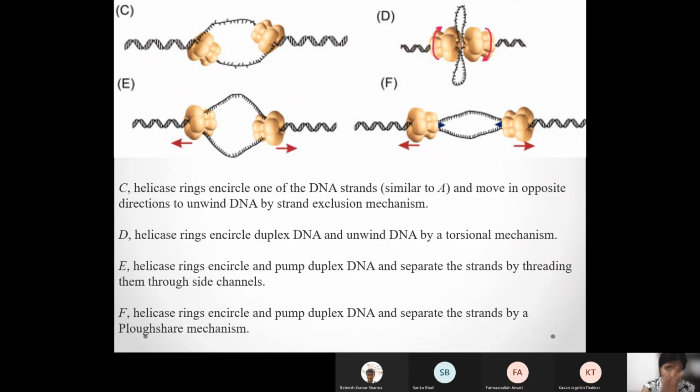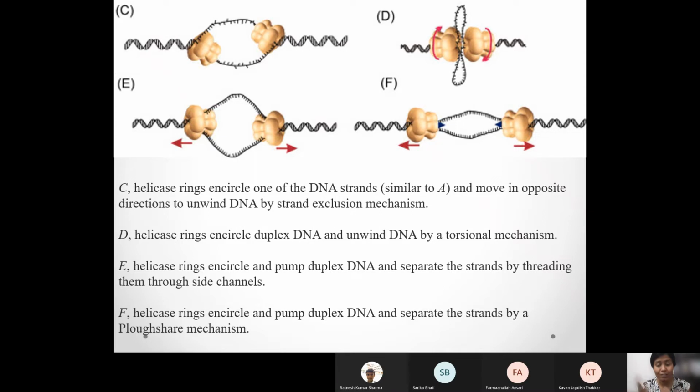It could be loaded on double-stranded DNA or single-stranded DNA. It could cause a torsion, and as it rotates, it unwinds the DNA, or it could be pulling the single-stranded DNA through it, or pulling the double-stranded DNA, with something in between splaying apart the two single strands.